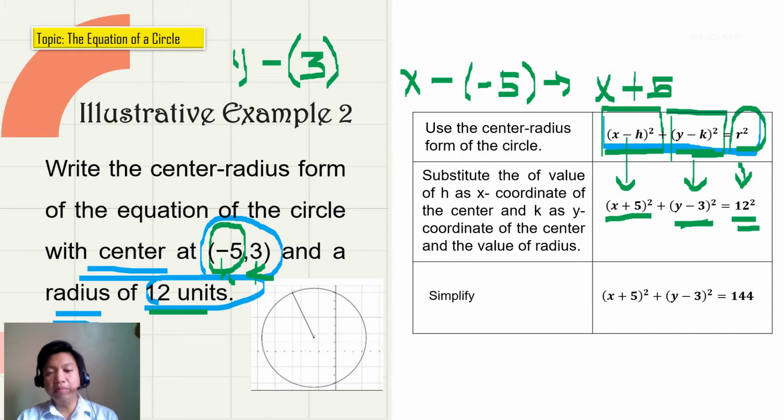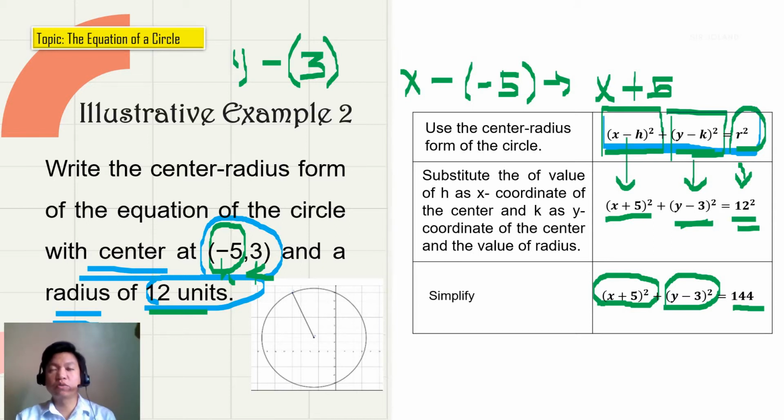So, what will happen, you will have here x plus 5 quantity squared, and then you have y minus 3 quantity squared equals 144. So, dito, no need to expand this binomials. Hindi natin ni-expand yan. Ang ating lang kukunahan na ng square ay yung radius natin. So, it will become 144.